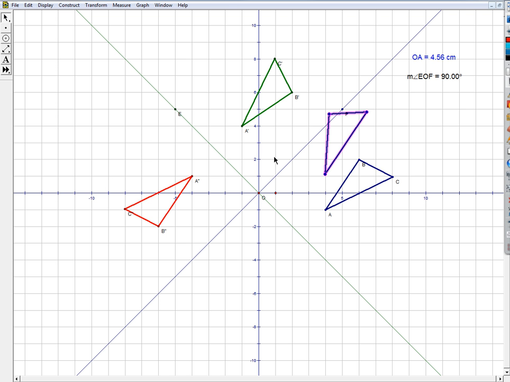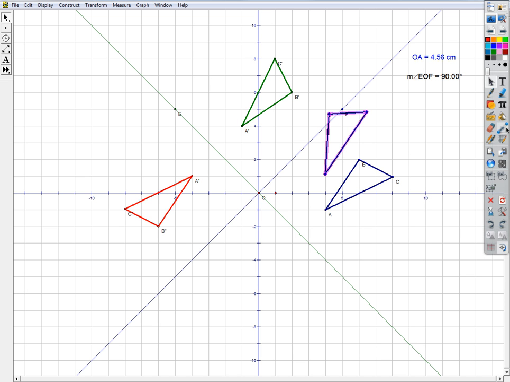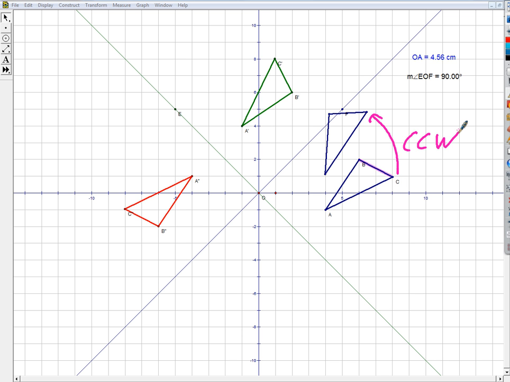The positive angle direction is counterclockwise. And you all know what I mean when I say counterclockwise, right? Yeah, it goes against the clock. Counter means against. So this direction from here up to there is counterclockwise. If I want to rotate an object clockwise, that's actually considered to be the negative direction.